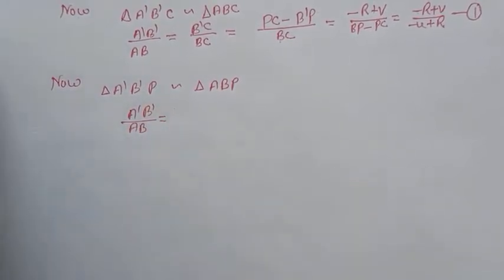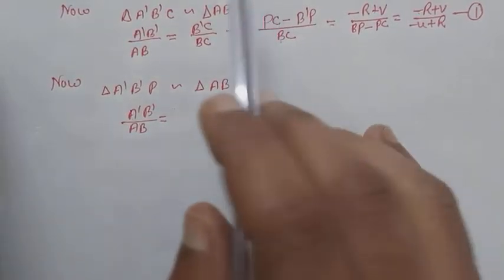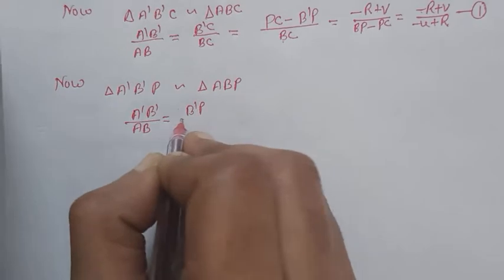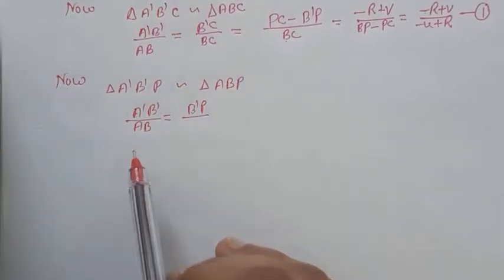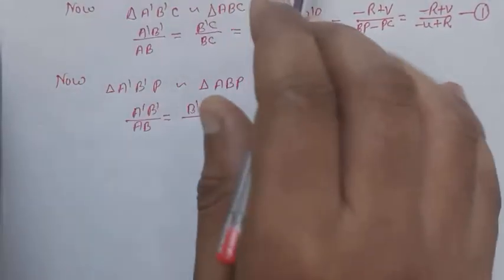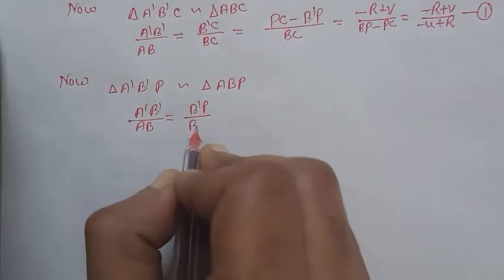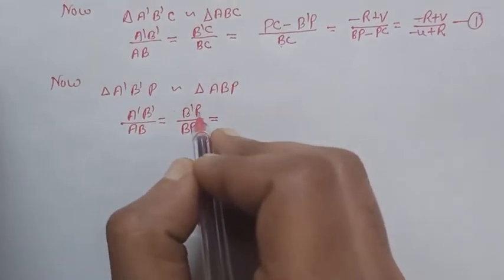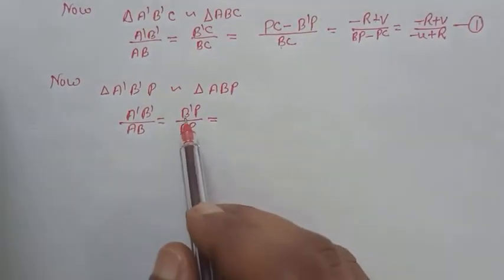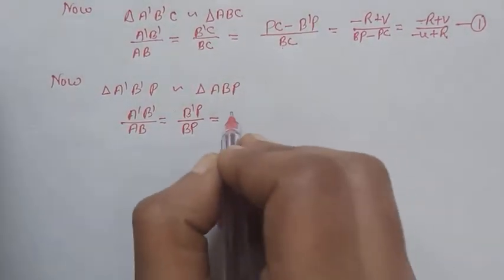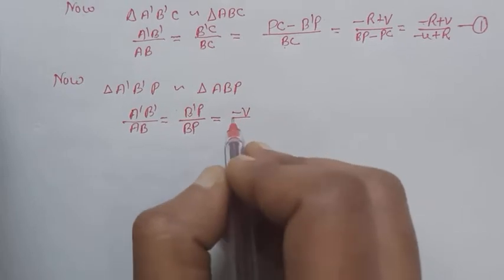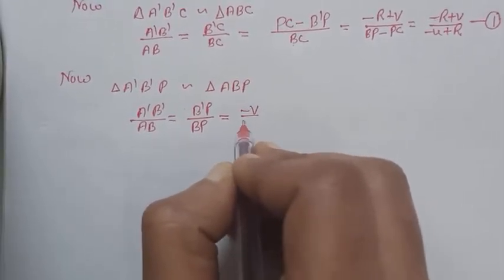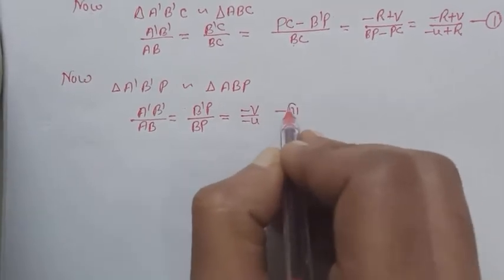Then we take the bases: B dash P for triangle A dash B dash P and BP for triangle ABP. The value of B dash P is the image distance, minus v, and BP is minus u. This is equation number 2.